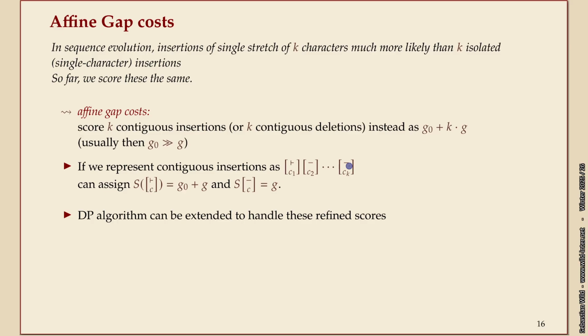That's just a hint that dealing with these generalized affine gap costs is not a big deal, because all you need is one extra type of gap symbol. So you'll have one extra case in the dynamic programming table, but apart from that, not much happens to the algorithm. And you'll have a look at this in the exercises in a bit more detail.